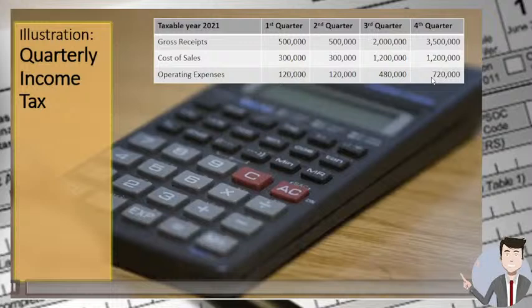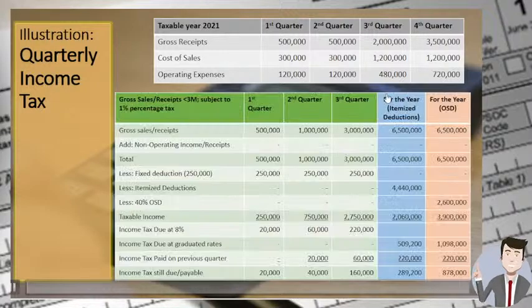If we put the dates, and the taxpayer uses calendar year, the first quarter will be January 1 to March 31, the second quarter April 1 to June 30, the third quarter July 1 to September 30, and the fourth quarter October 1 to December 31. Okay, so these are the computations.